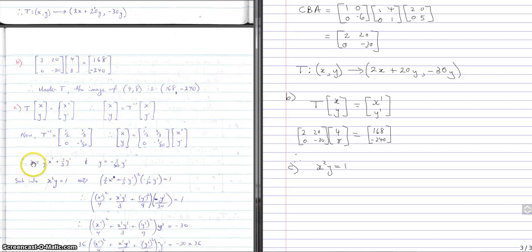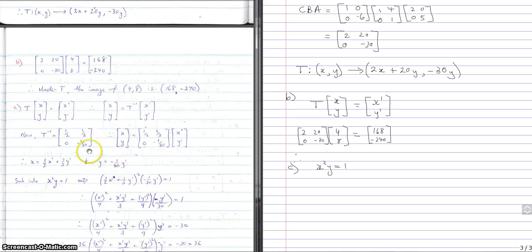Now if our original x value is given by this equation, which involves our image points, we can substitute those into the original equation, and we know that it will satisfy the original equation.